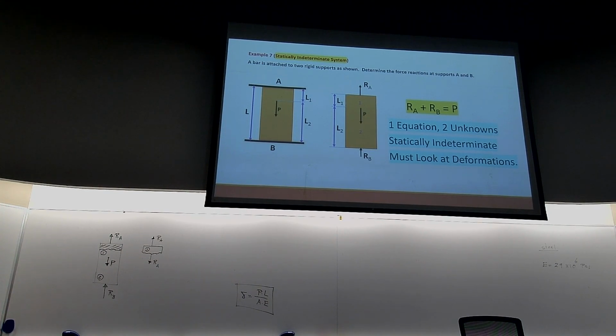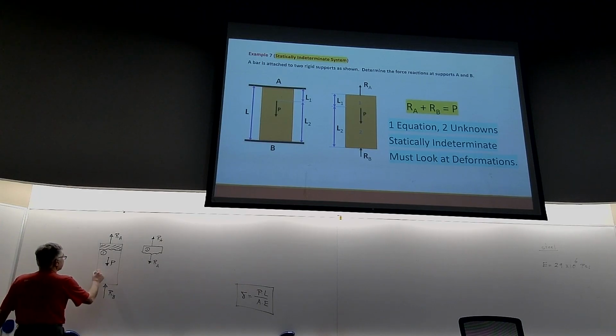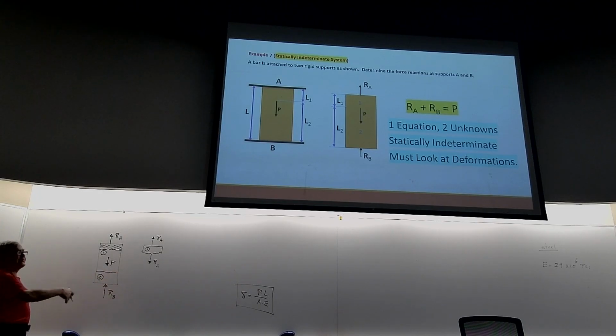And if we do the same in segment two, meaning we make a cut here, this time it's easier to look at what's below it. So that would be like this. We have RB here. So we make the same thing here in the downward direction.